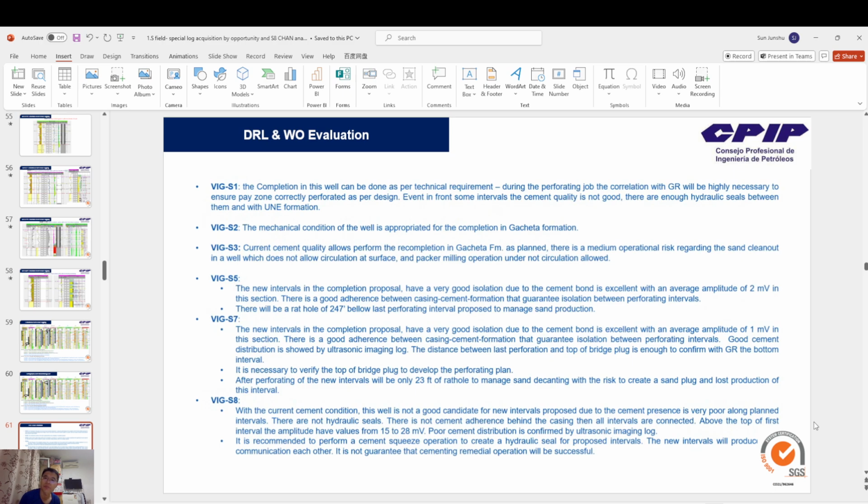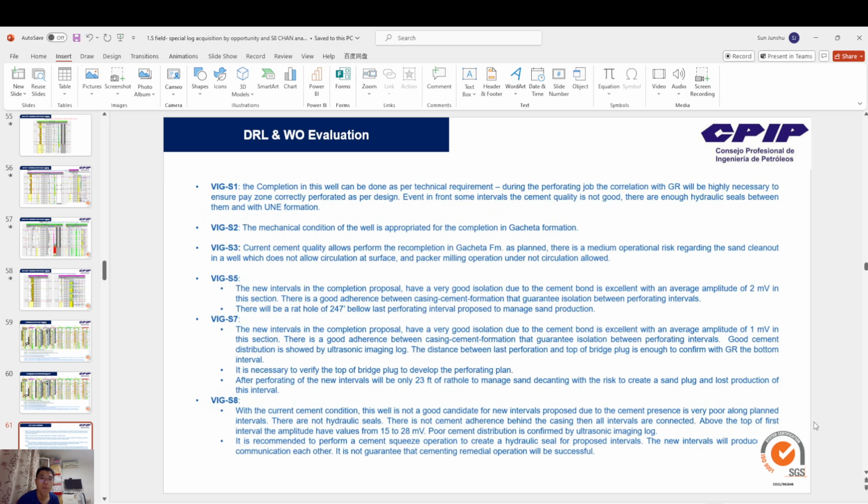S2. The mechanical condition of this well is appropriate for completion in Gajita formation. S3. Currently, cement quality allows performing the recompletion in the Gajita formation as planned.